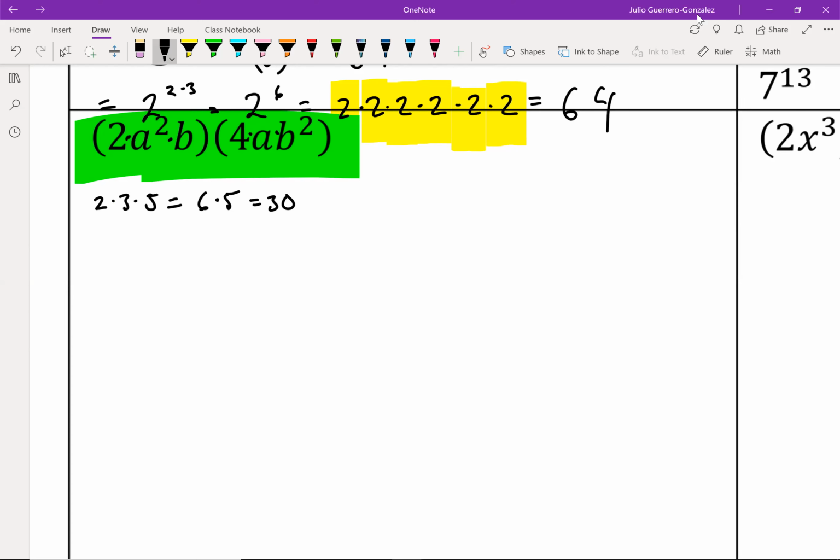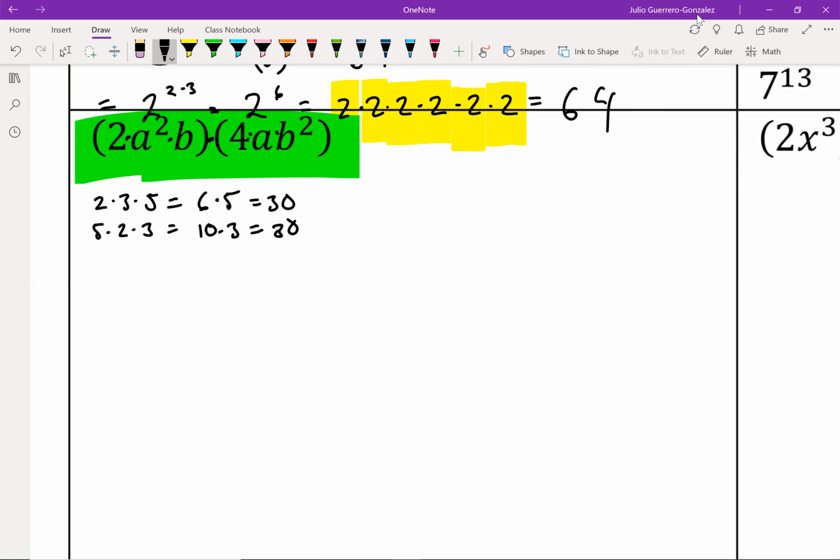Make sense? It doesn't matter how we organize the numbers. So I can do 5 times 2 times 3. Notice it's still the same 3 numbers multiplied, right? 10 times 3, 30. Does that make sense? No. Yeah. So in multiplication, you can switch the order. So where did you get 2 times 3 times 5?